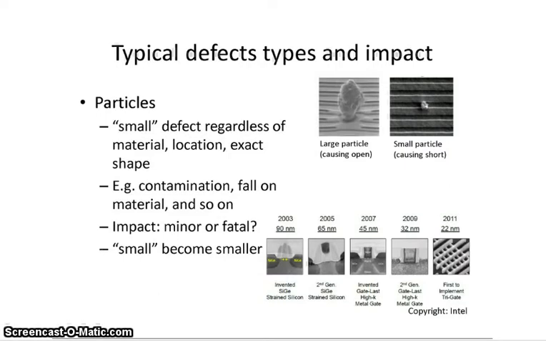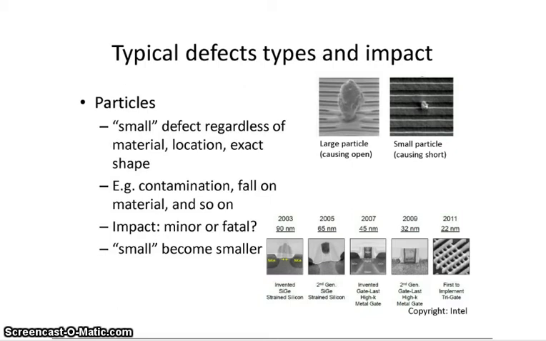Actually, for many years, semiconductor companies have been focusing on this type of defect, because large defects, which we'll talk about in the next slide, like some big scratch or a big watermark from immersion, are very easy to identify and relatively easy to resolve.